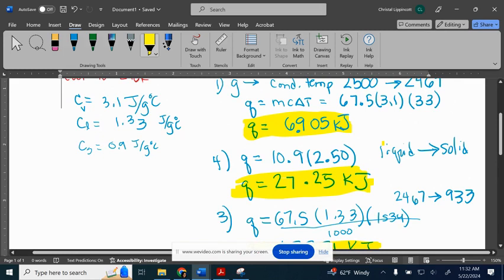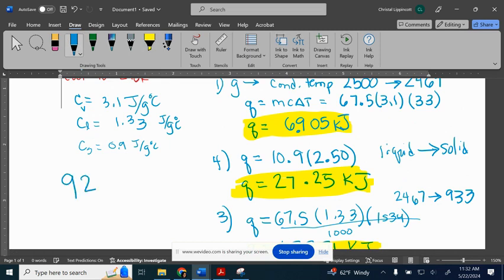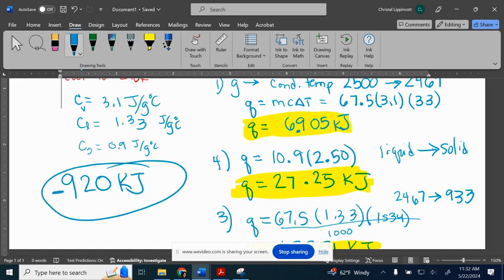All right, so total amount here. Our grand total is 920 kilojoules of energy released. Energy is being released.